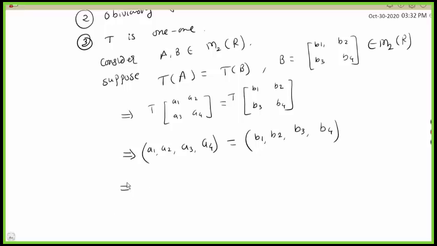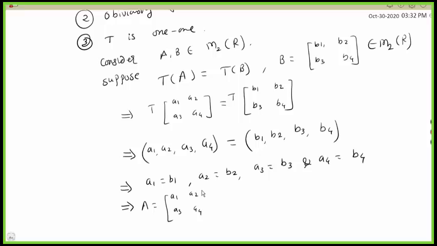So this implies that a1 equals b1, a2 equals b2, a3 equals b3, and lastly a4 is equal to b4. So matrix A with entries a1, a2, a3, a4 is equal to matrix B with entries b1, b2, b3, b4. So this implies that T is 1-1.